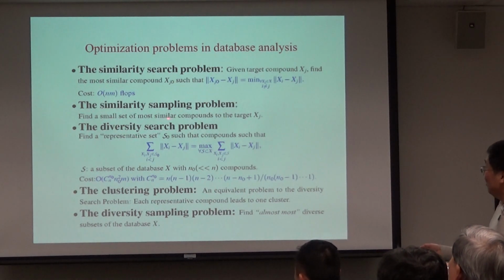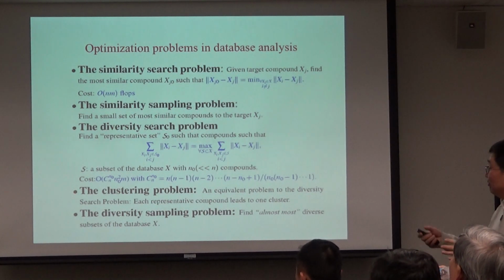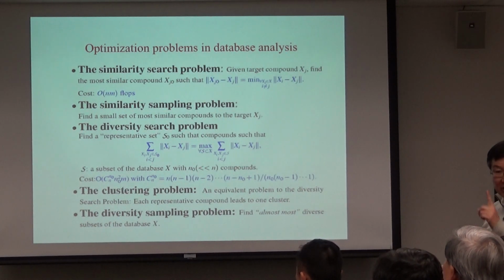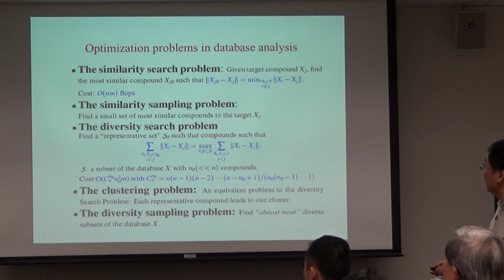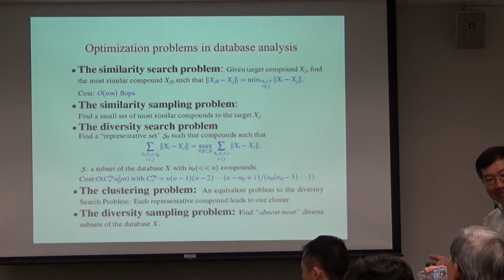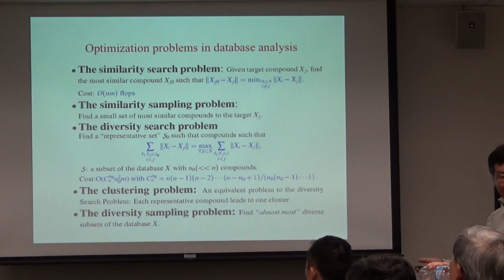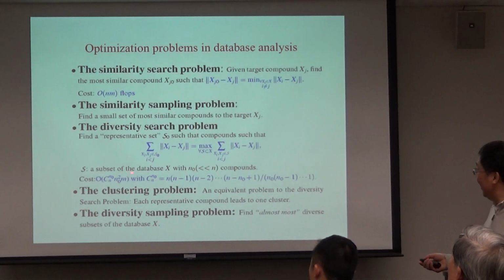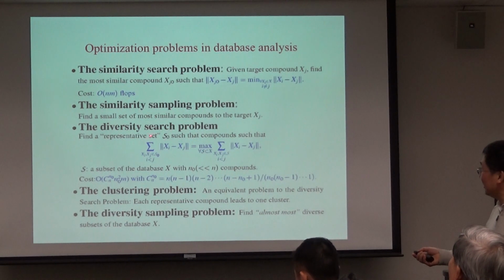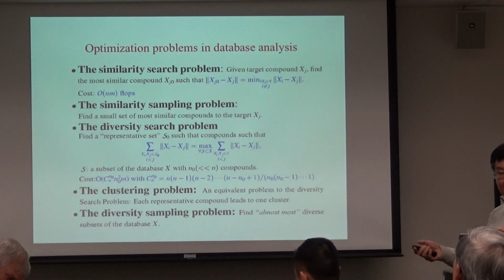Now for sampling, you're going to find a set. Not just one, you're going to find several. Because this involves some random issues, you have to test several ones. That's the sampling problem. I think the most difficult one is called the diversity search problem. In this problem, you are going to find a so-called representative set.